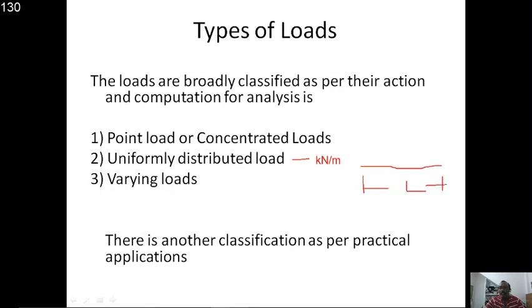That length is in meters, and the structure is here, and it is going to be distributed its loads point to point to point to point, right? We are seeing that this load is distributing. If that is the situation, then we can call it a uniformly distributed load. That can be marked like this. You can see the uniform distributed load.